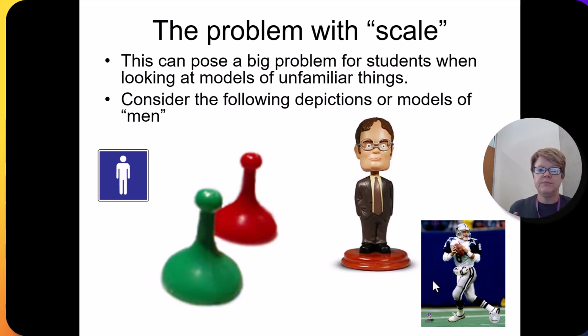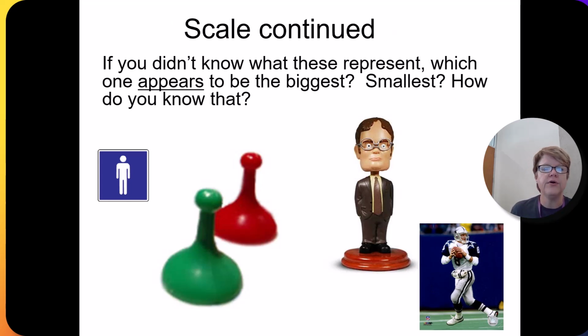Because you have some experience with these things, you probably inherently know which one is the biggest and which one is the smallest. The Sorry game pieces are the smallest, followed maybe by the bobblehead and the bathroom sign, and then the biggest is going to be Troy Aikman. Your brain automatically adjusts to which of these are zoomed in and which are zoomed out because you have experience with the objects.